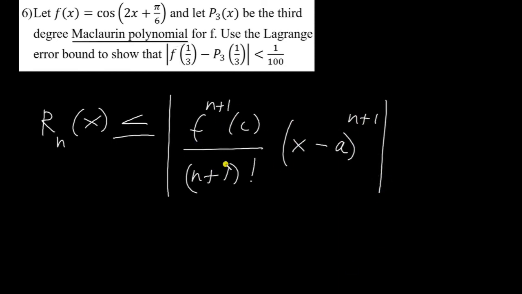What is this formula? The n plus 1th derivative is the maximum of the n plus 1th derivative. Then n plus 1 factorial, easy enough. x is the x value, a is the center, and the exponent is n plus 1.